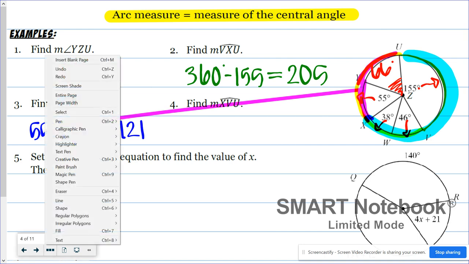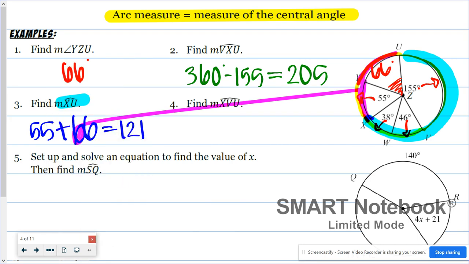So we can just do some subtraction to get that, and we're getting 239. So 1 through 4 is just a matter of using that basic relationship that the arc measure is equal to the measure of the central angle, and then using some arc addition in some of those problems.